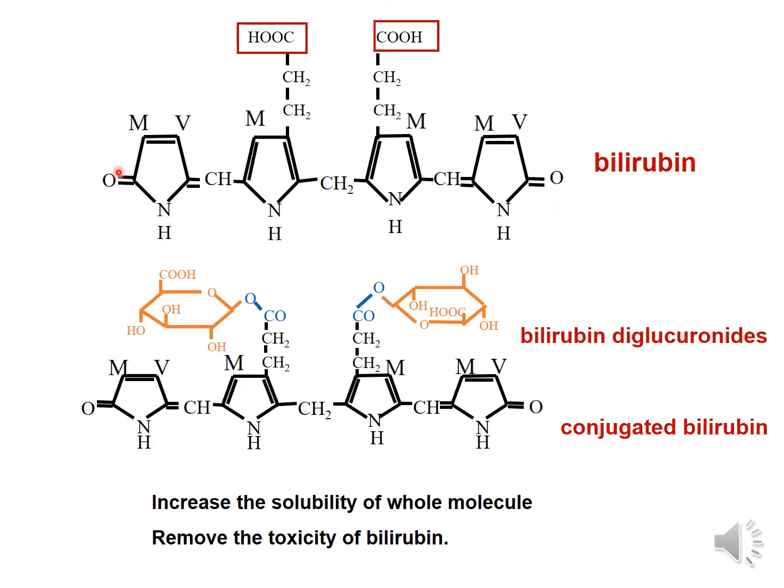So, bilirubin is converted to bilirubin diglucuronide by glucuronic acid, two molecules. Glucuronic acid increases the solubility of the bilirubin molecule and removes the toxicity of bilirubin.